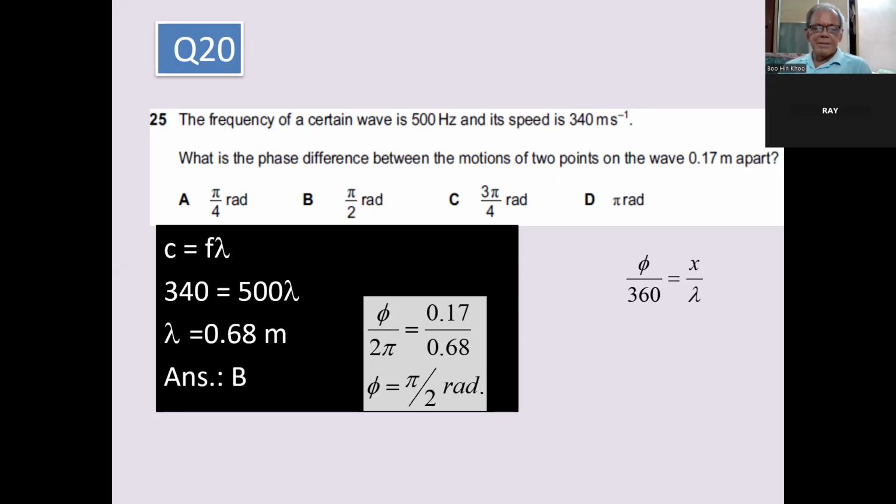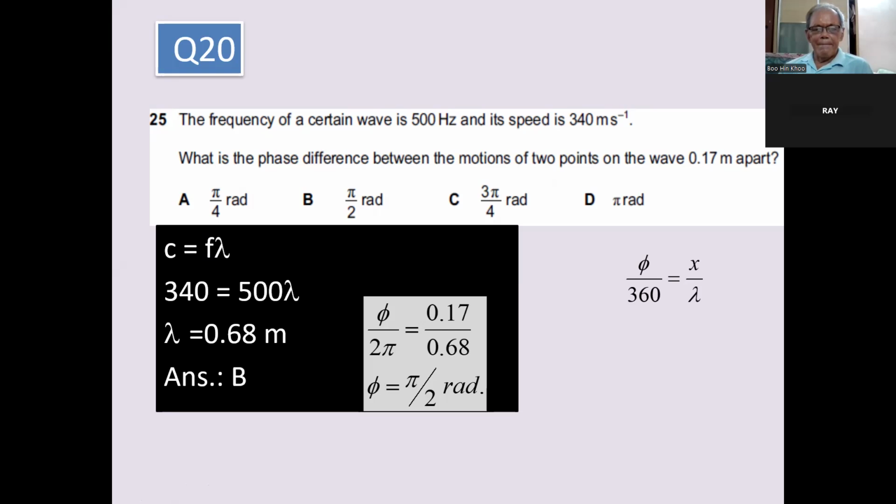Pi is a phase difference. Phase difference. Should you use 2 pi or should you use 360 in this formula? You use wavelength, we didn't learn frequency, so you have to convert this information to wavelength, because the distance is in meter.